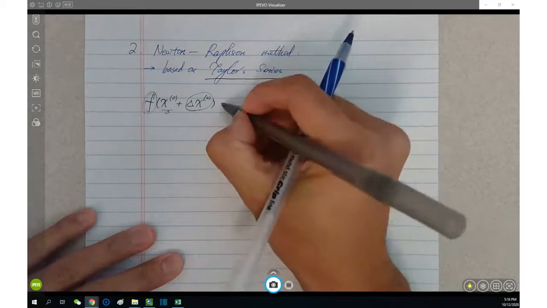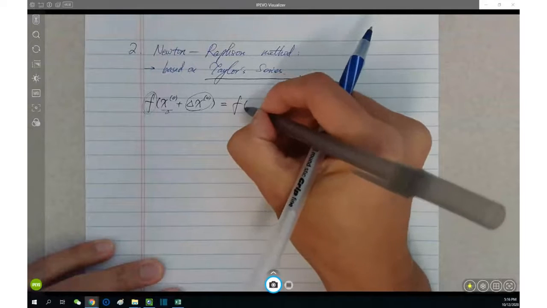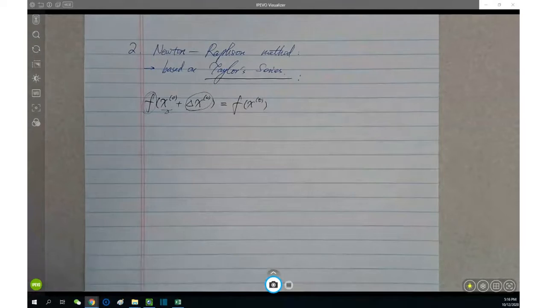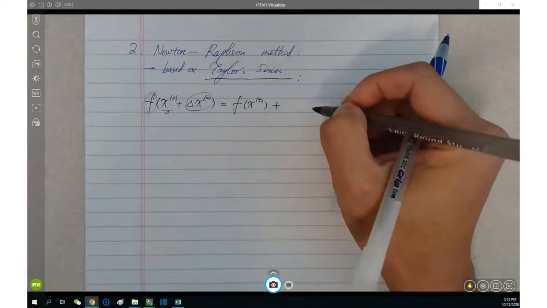The result looks like this. It equals the original function value without any perturbation yet, plus the consequence. What is the consequence?